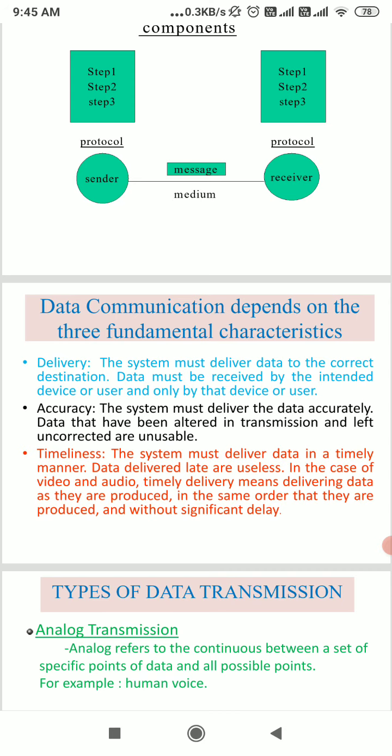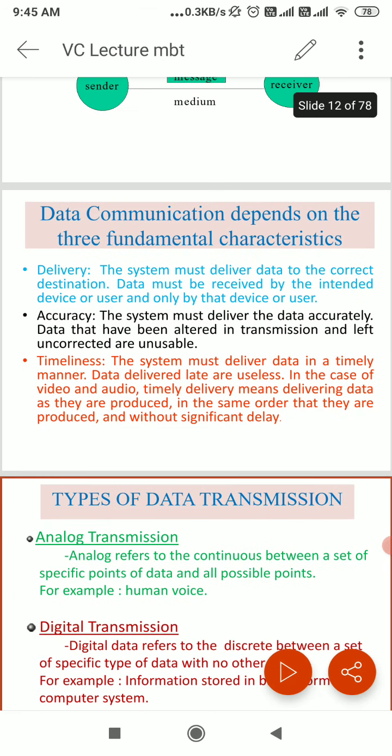We are supposed to do communication, but that should be in the given time. If we are sending video or audio, timely delivery means we are sending data in time without any significant delay.